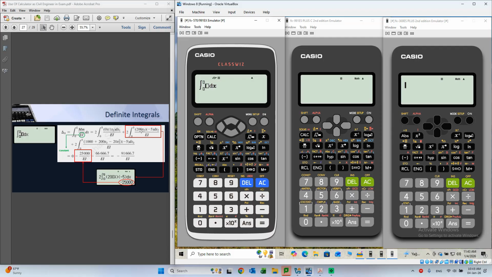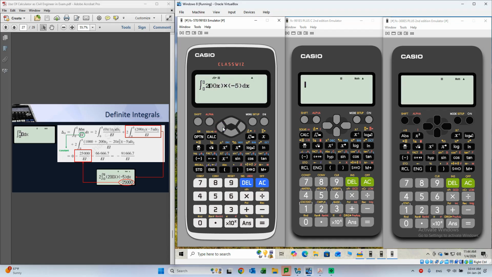For example, you write this function here, which I highlighted, 200x times, in parentheses, minus 5.